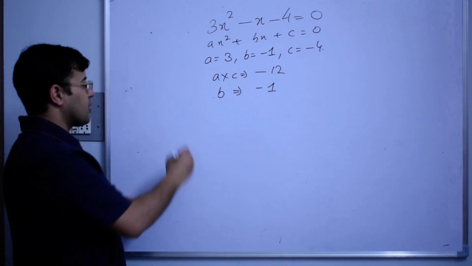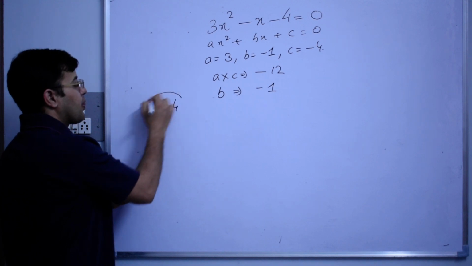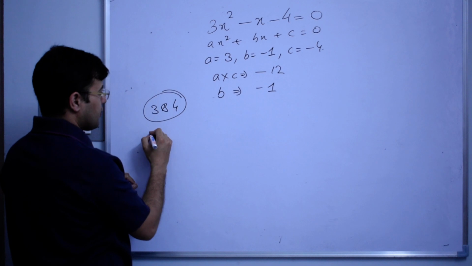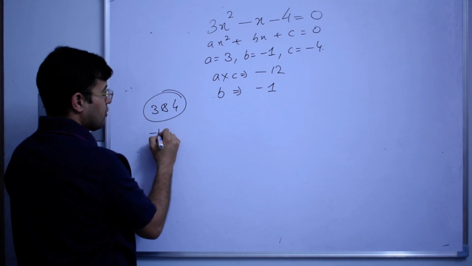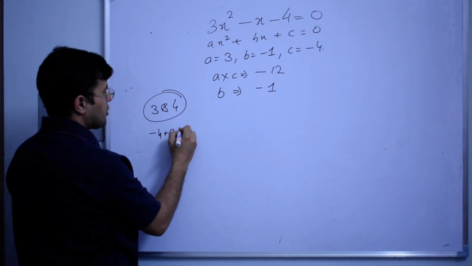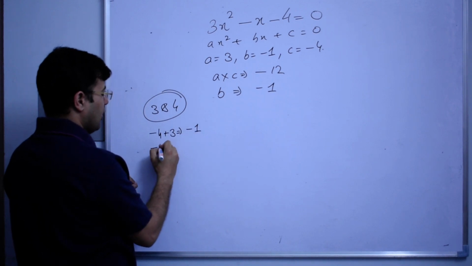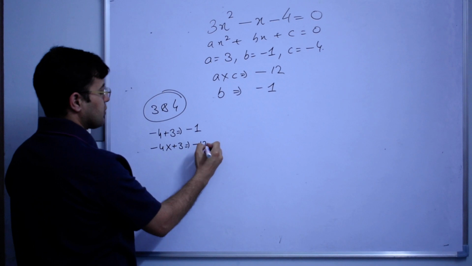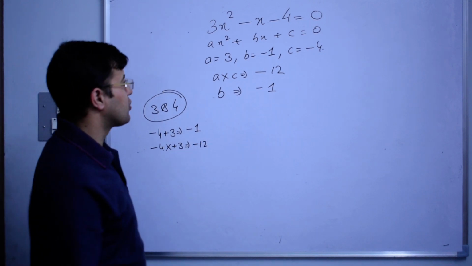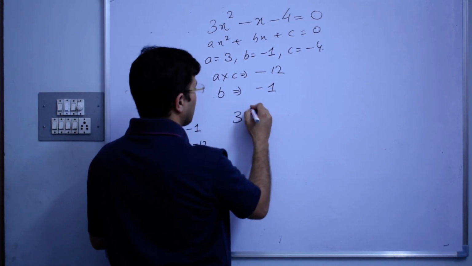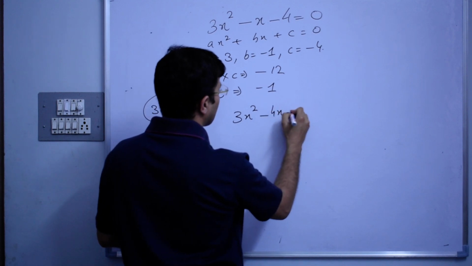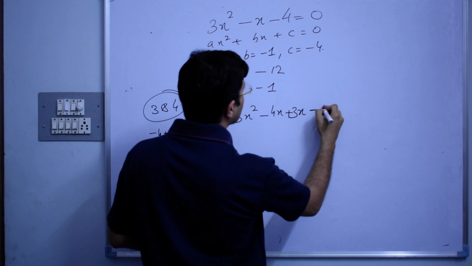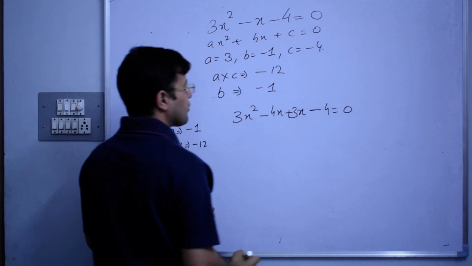Again, if I see, 3 and 4 will be the numbers: if I add minus 4 plus 3, the result is minus 1, and minus 4 into plus 3, the result is minus 12. So I'll rewrite it as 3x square minus 4x plus 3x minus 4 is equal to 0.